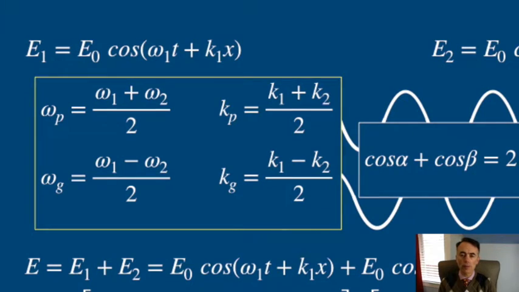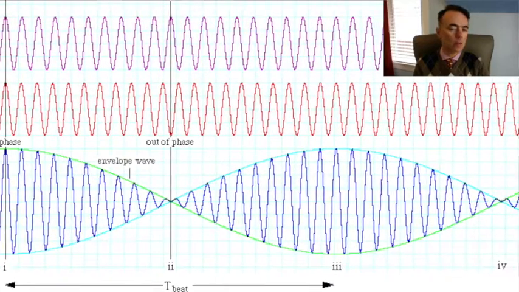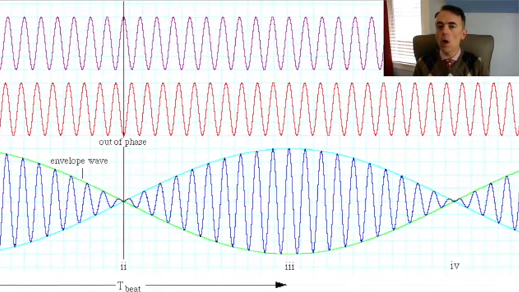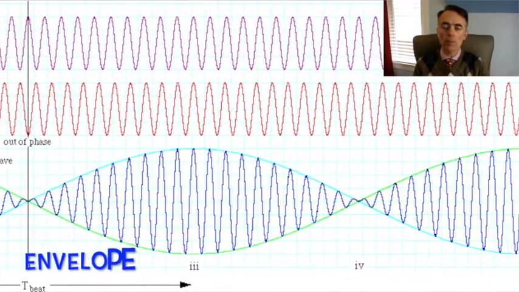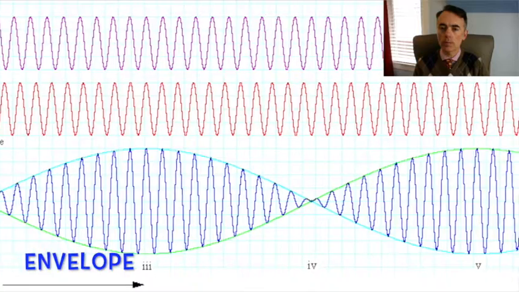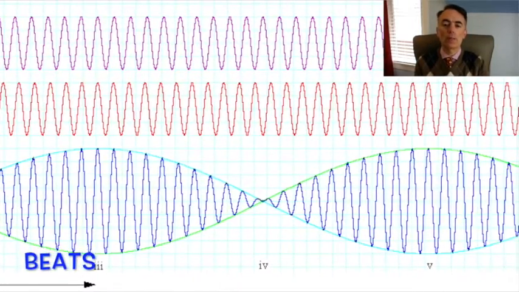If you plot this resulting wave, you will find that you have a fast oscillation and a slow oscillation. The slow oscillation is the envelope of the fast oscillation. You have a train of pulses, you have beats.